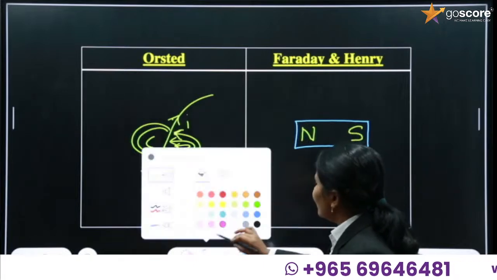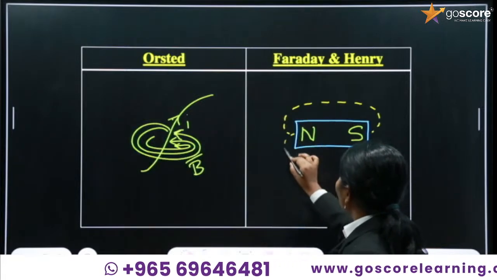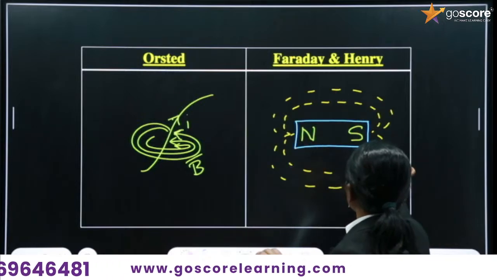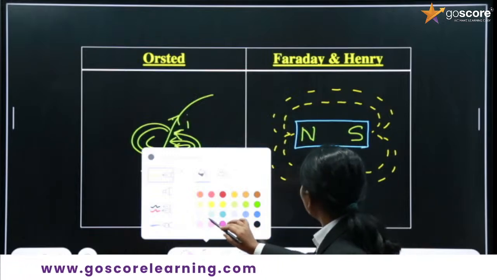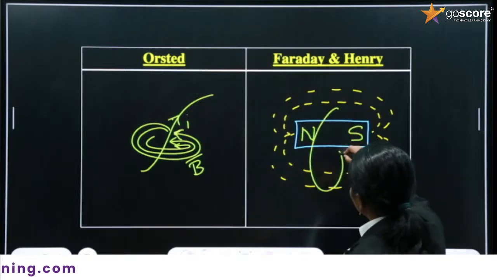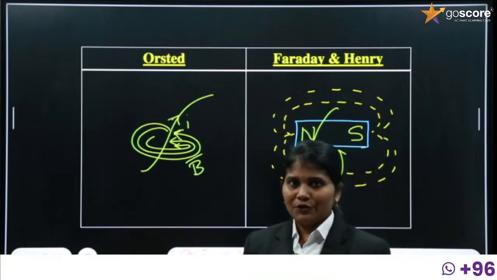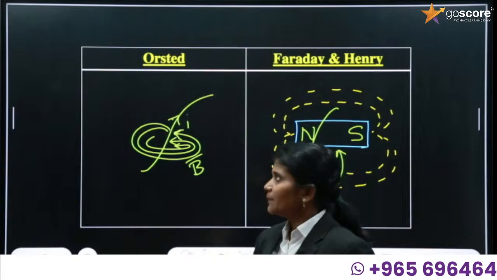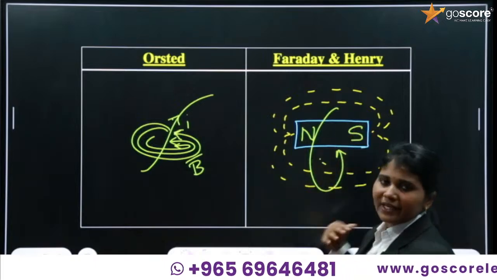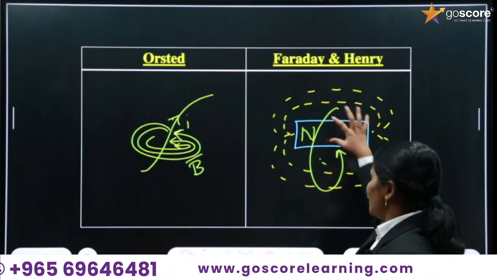Faraday and Henry discovered that from the magnet, EMF and current are produced. Oersted discovered that from the current, a magnetic field is produced. Faraday and Henry discovered that from the magnet, current and EMF are induced.